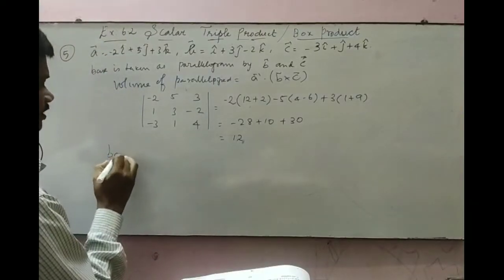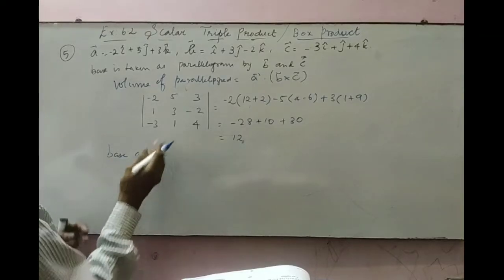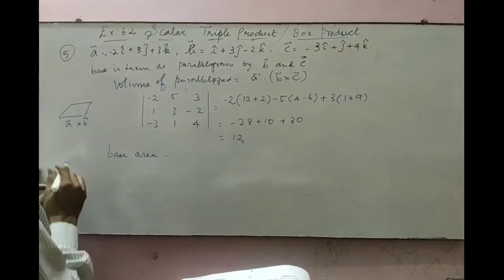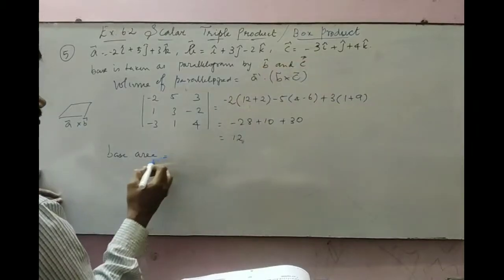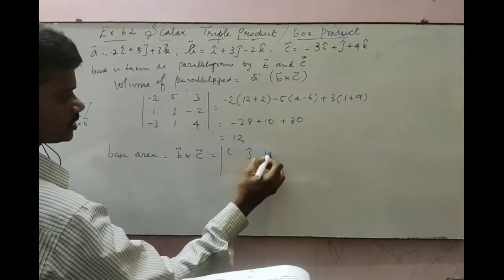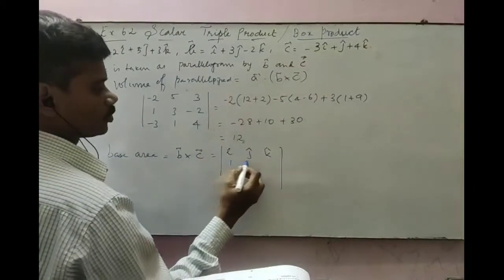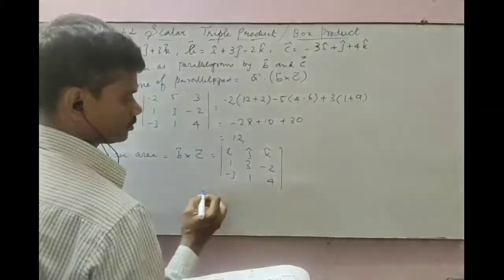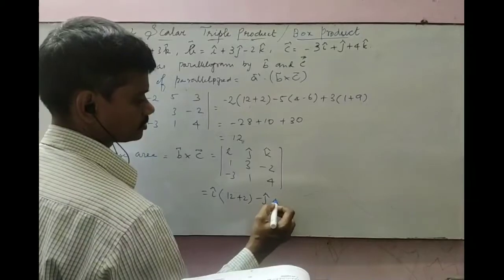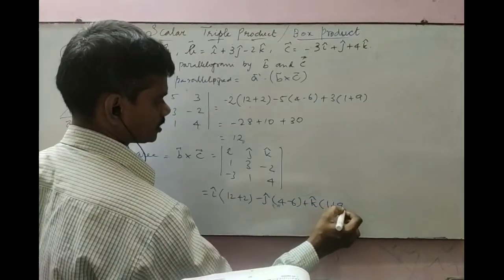Then we are going to find the base area, that means the area of the parallelogram. Base area means the base is in the form of a parallelogram. To find the area of a parallelogram, we take the cross product of A and B. But here the base is B and C. So the base area is the cross product of B and C. Use i, j, k in the determinant, then use the components of B and C: 1, 3, minus 2, minus 3, 1, 4. If you expand this, i times 12 plus 2, minus j times 4 minus 6, plus k times 1 plus 9.